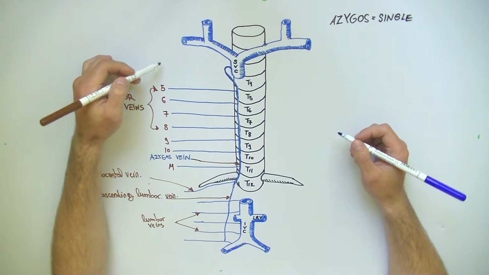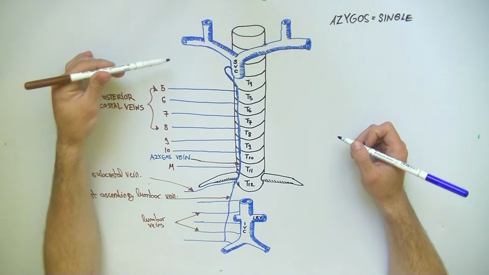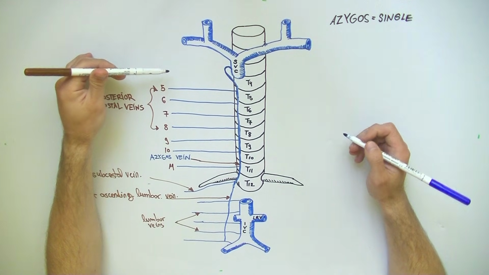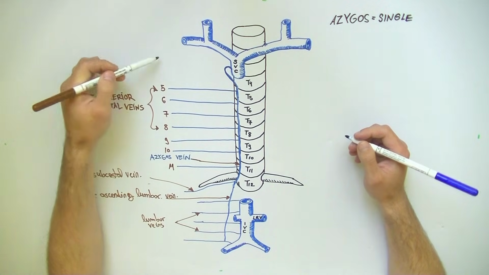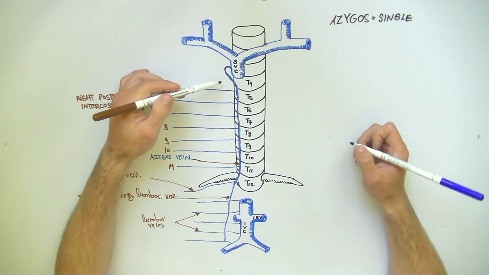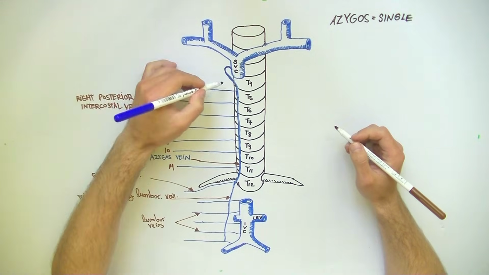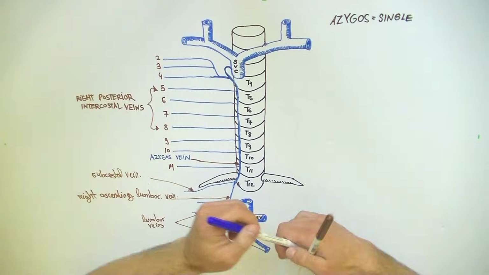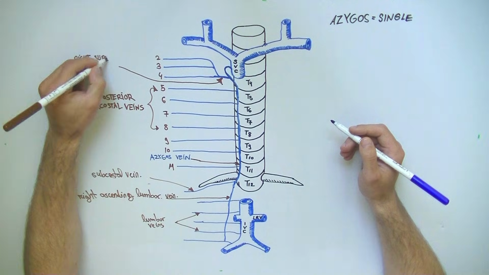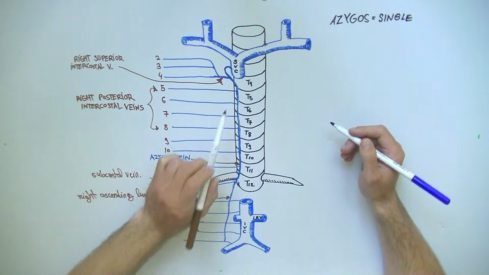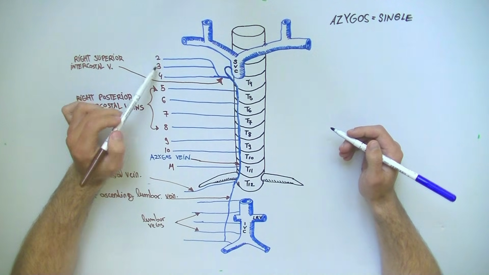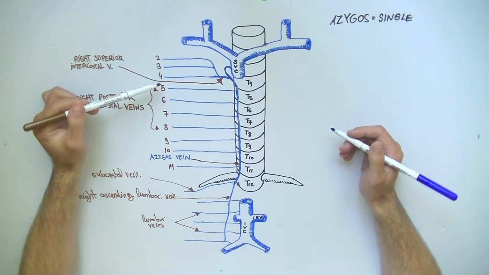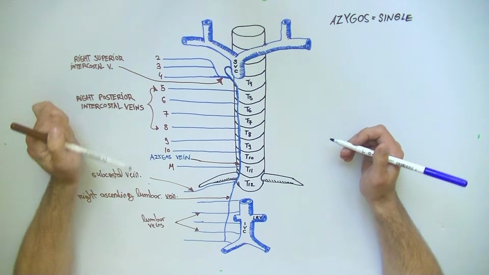The 2nd, the 3rd, and the 4th right posterior intercostal veins drain into the right superior intercostal vein, which in turn drains into the Azygos vein. So here we have the right superior intercostal vein, which drains the 2nd, the 3rd, and the 4th posterior intercostal veins, of course on the right side.